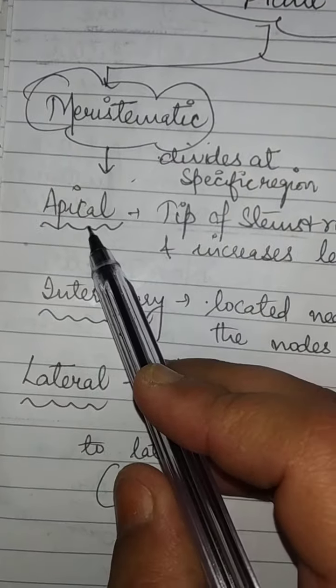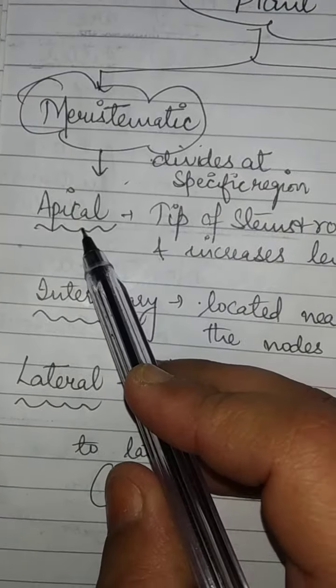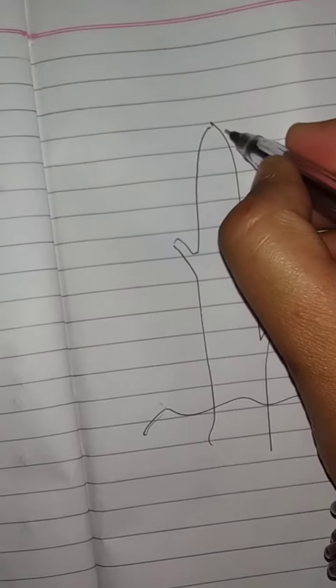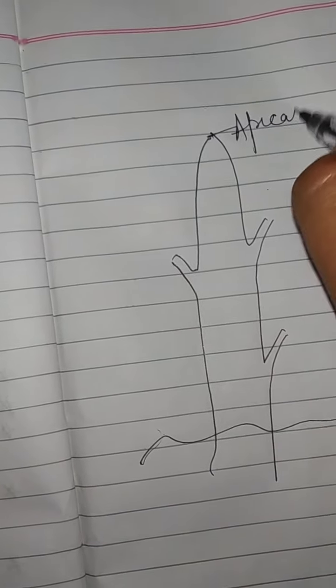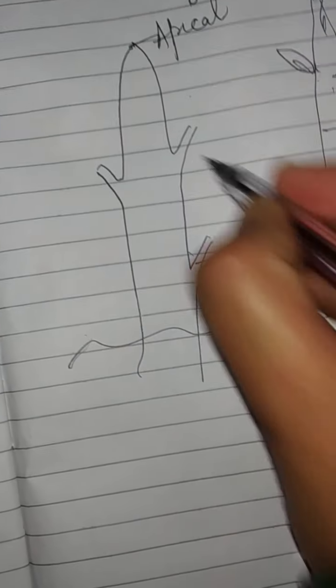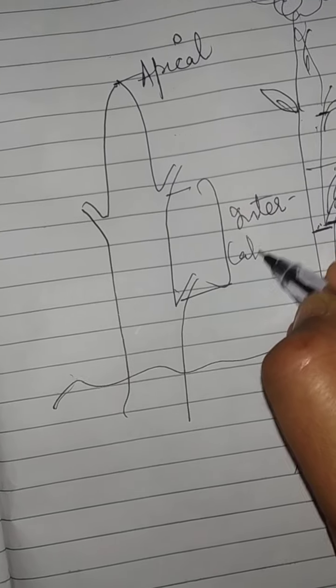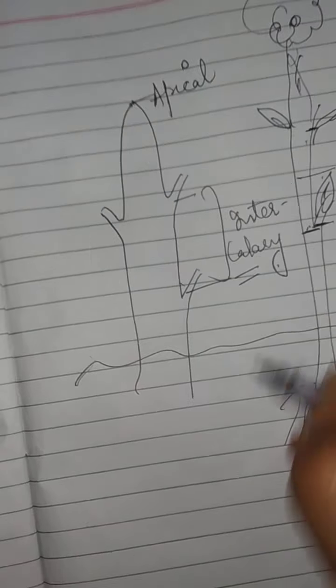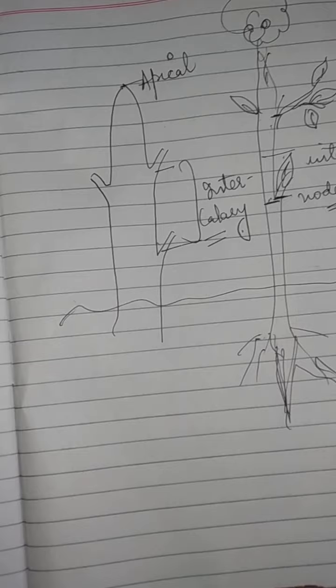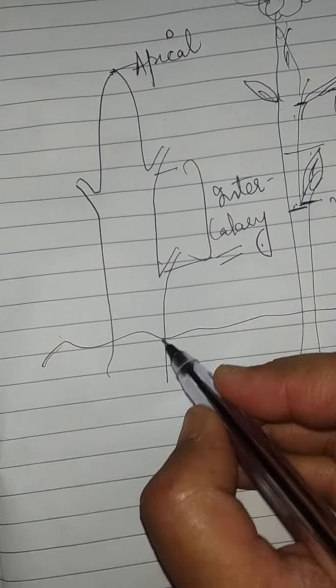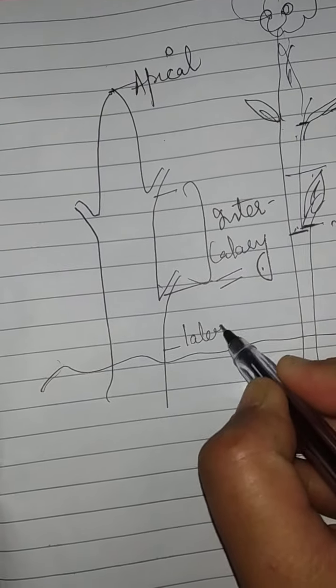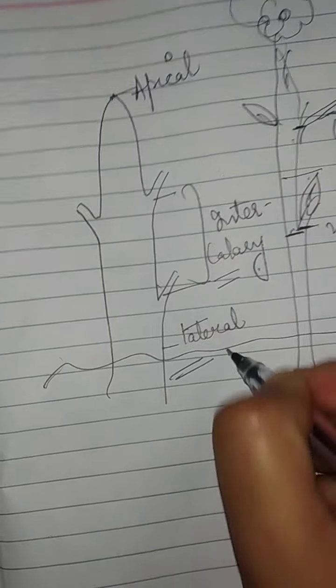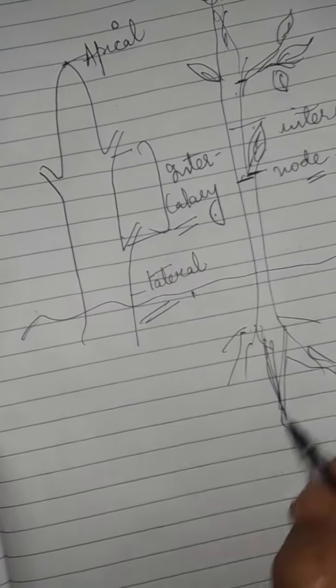We are discussing apical tissue. Here is the apical, this is the apical, and here is intercalary. You can call it intercellary as well as intercalary, both pronunciations are correct. Third one is lateral, the base, girth of stem and root.